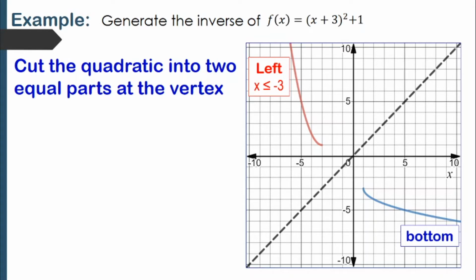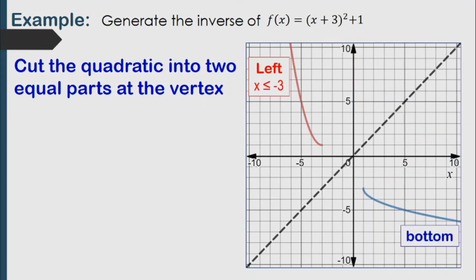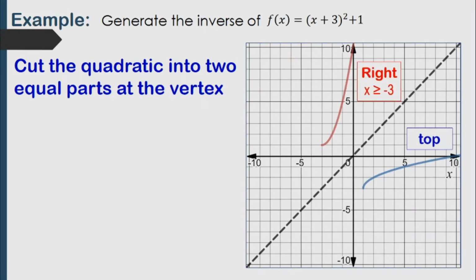So the bottom half of our inverse is the reflection. So that will be the inverse. If I choose the right half of the quadratic, then the top will be the inverse. So as you can see, if I choose the left, the inverse is going to be a function. Or if I choose the right, the inverse is now a function.